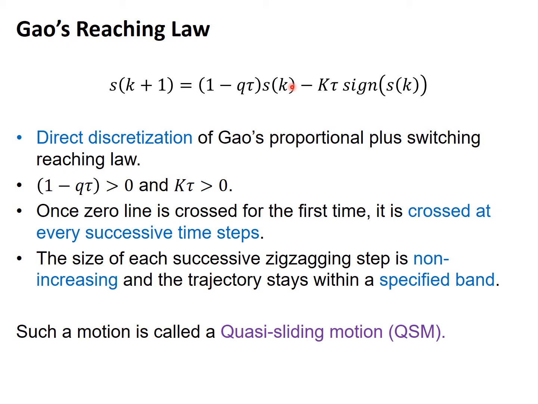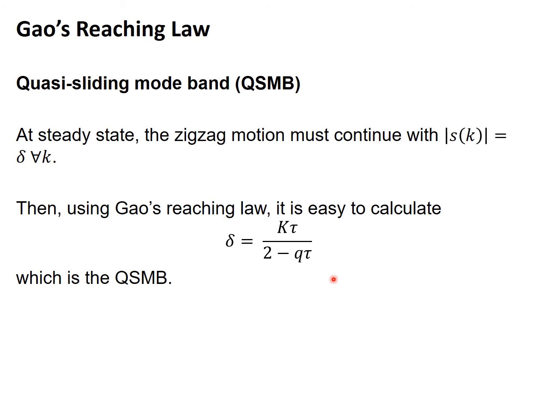So if on one side we are at delta, then the other side will be at minus delta. Here if sk is less than 0, then this would be minus delta, this would be plus delta. In both cases you can see by doing pen and paper that your delta would come out to be this.